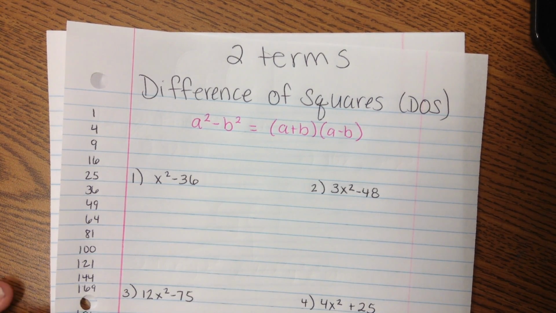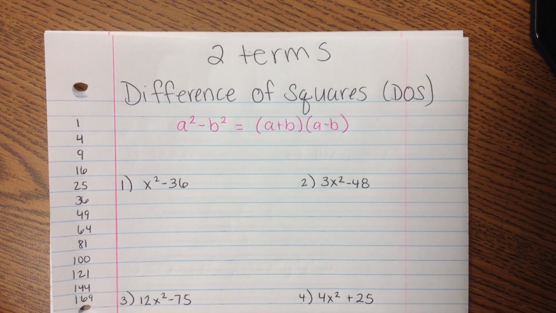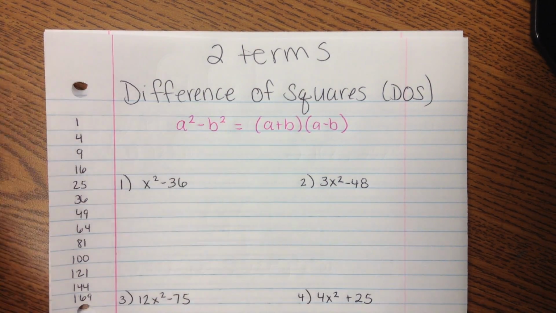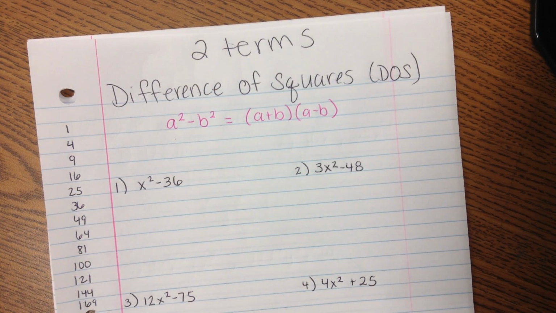This video is showing when you are factoring quadratics and you are left with two terms. We're going to use difference of squares if it's possible. If you're left with two terms and you have a squared minus b squared, where a squared is a perfect square, b squared is a perfect square, and you have a subtraction.